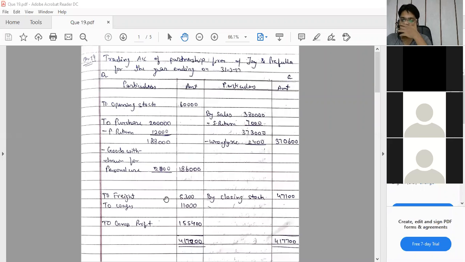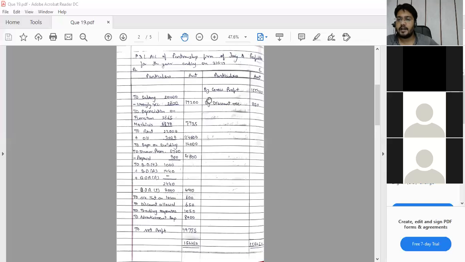Now close this trading account. Credit side we have 4,17,700. So there is a gross profit of 1,55,400. This gross profit is transferred to the profit and loss account credit side, by gross profit 1,55,400.